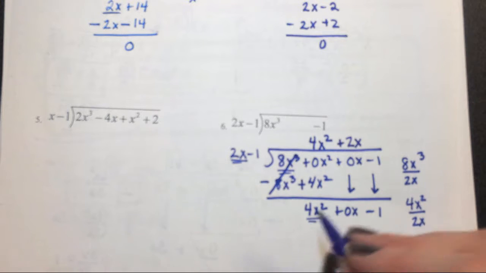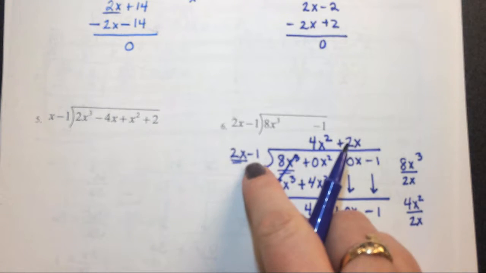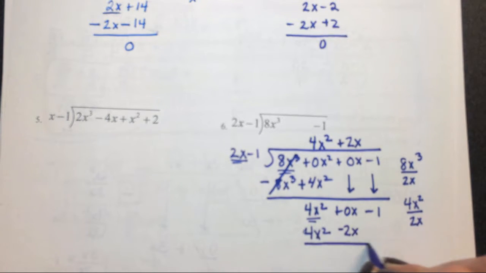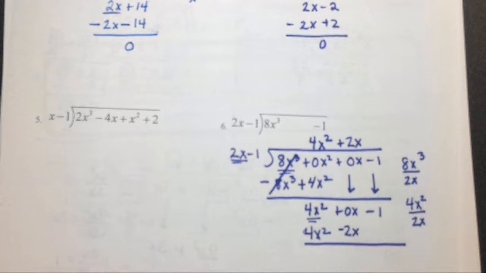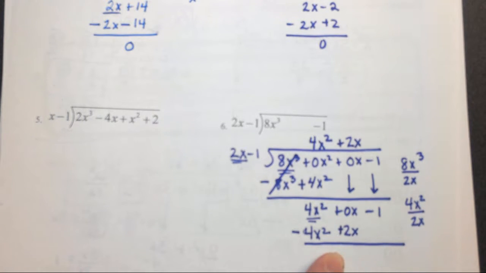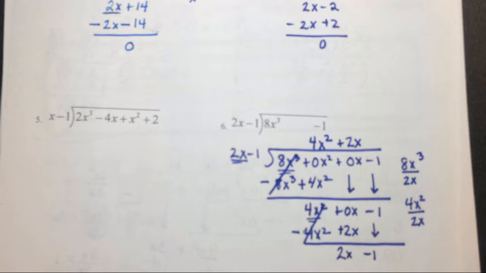So 2x times 2x is a 4x squared. 2x times negative 1 is a negative 2x. So after I multiply, what do I have to do? Subtract. So I subtract the 4x squared, and what happens when I subtract the negative? That becomes a positive. So 4x squared minus 4x squared goes away. 0x plus 2x is a what? 2x. And then I bring down my minus 1.